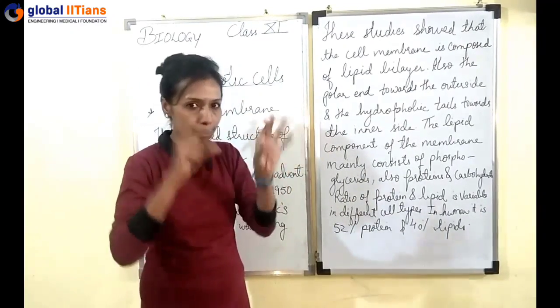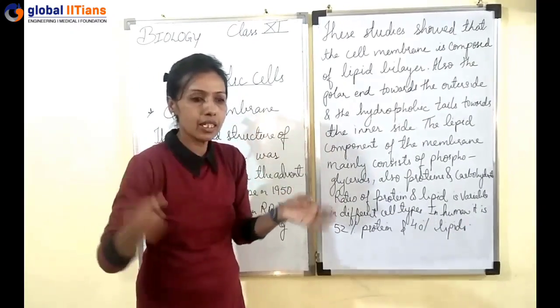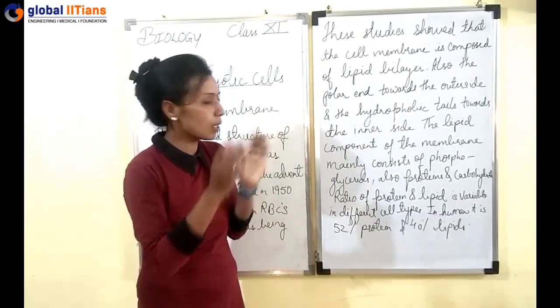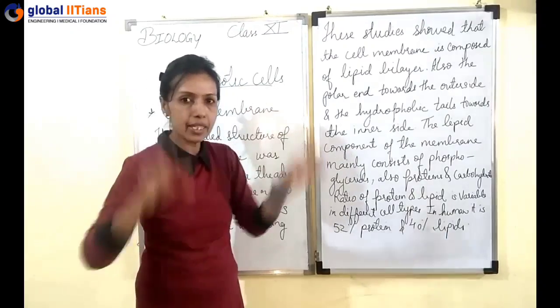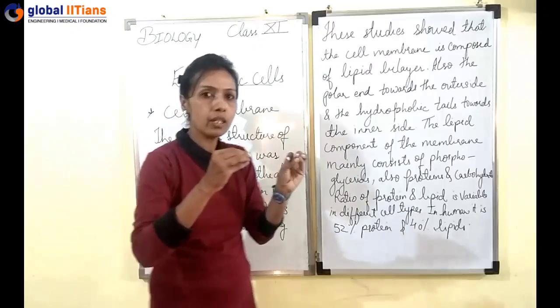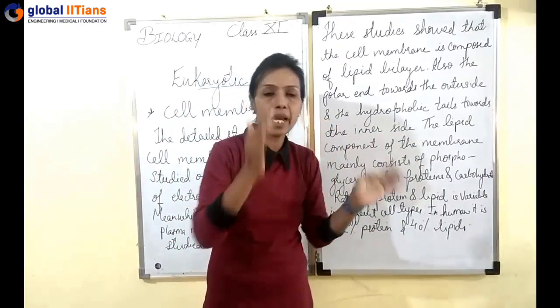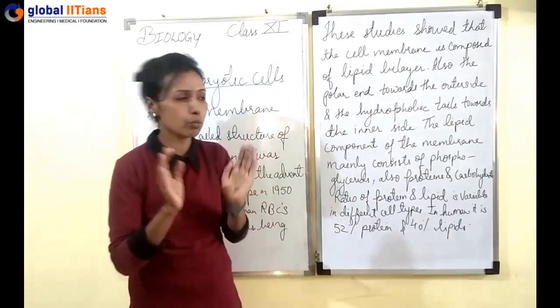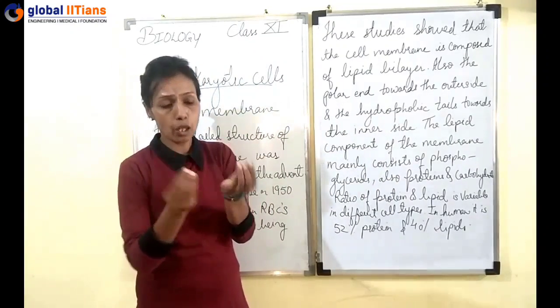Whatever requirements the cell has, needed by the internal part also for secretion, for synthesis, all those components are present in it. The lining definitely functions not only as a barrier, but also to carry out the internal activities smoothly and to protect the internal components of the cell.